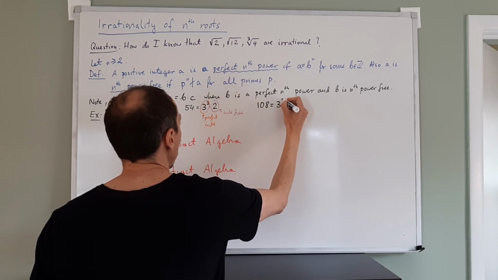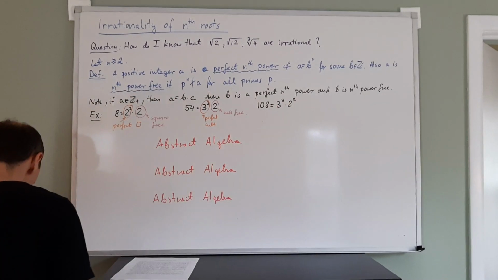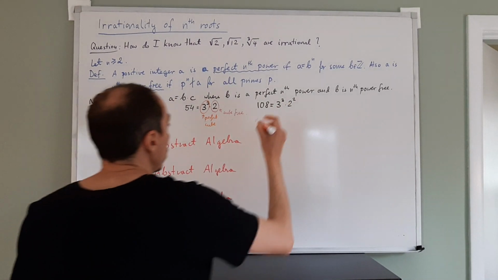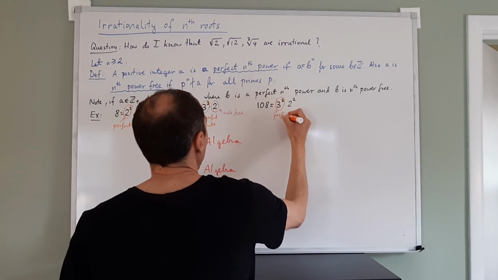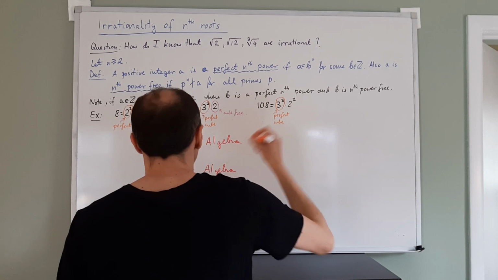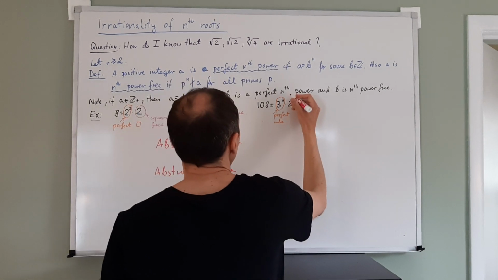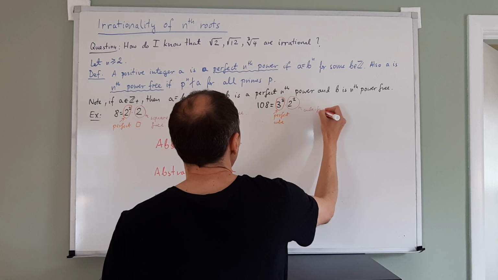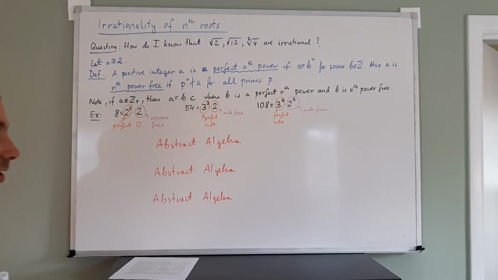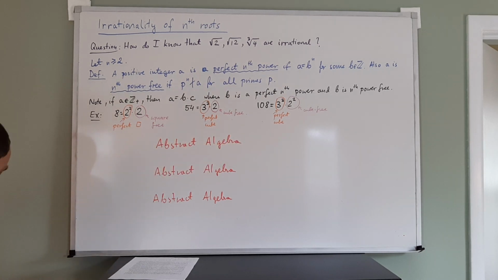And that's again 3 cubed times 2 squared. And I still get that the first factor is a perfect cube, and the second factor is cube free. It's not square free, but it just depends what I'm interested in. In the first case, I was interested in squares. In the second and third case, I'm interested in cubes.